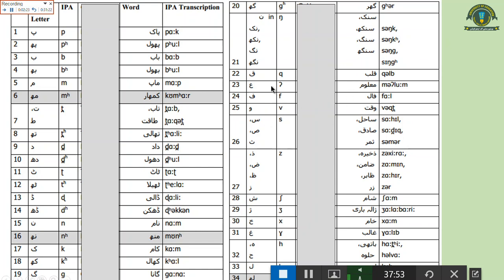Then this R sound, a glottal stop, maloom, and then this r sound, these two sounds are not there in English. This j sound is there in English, like we have in pleasure or treasure. So jalabari, we also have it here.